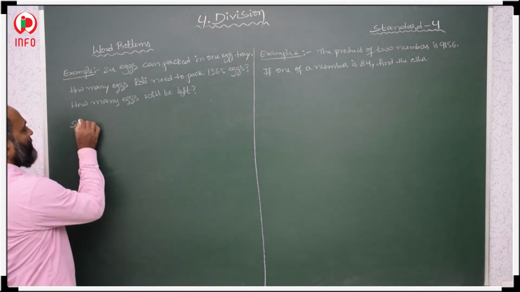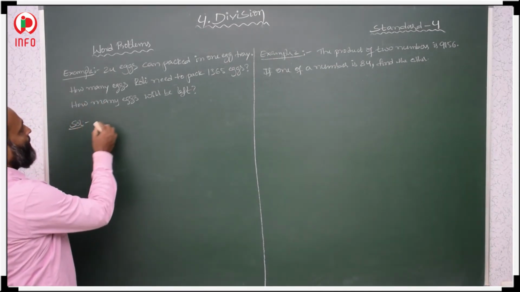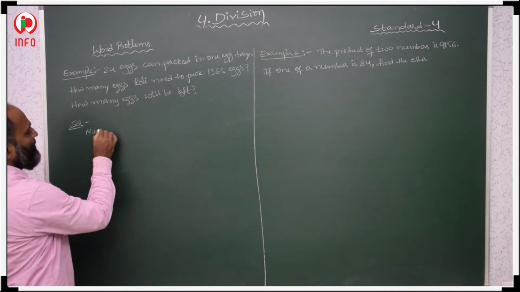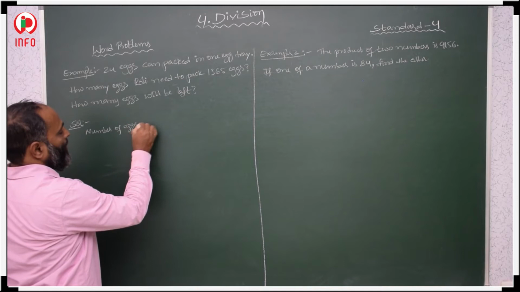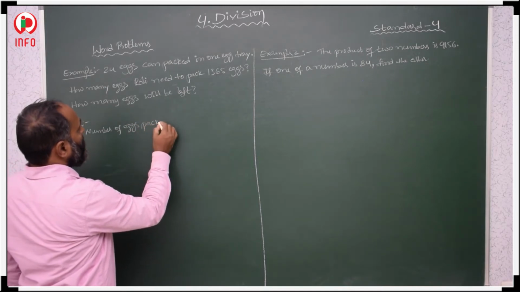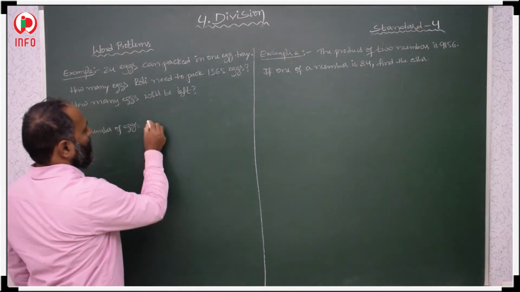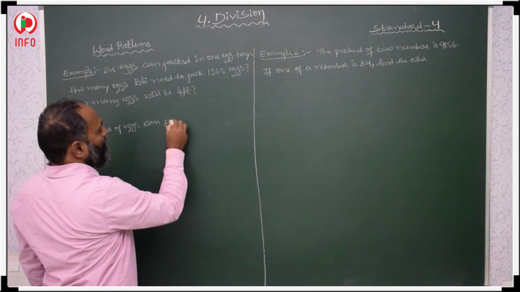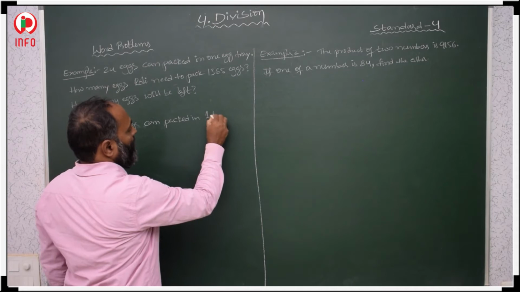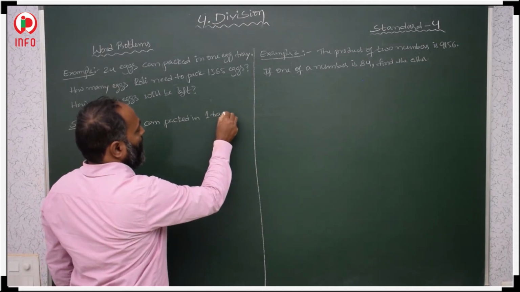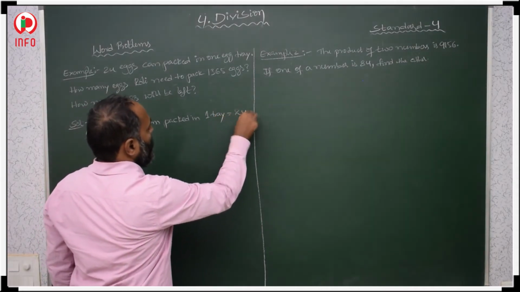Here, number of eggs that can be packed in one tray is equal to 24.